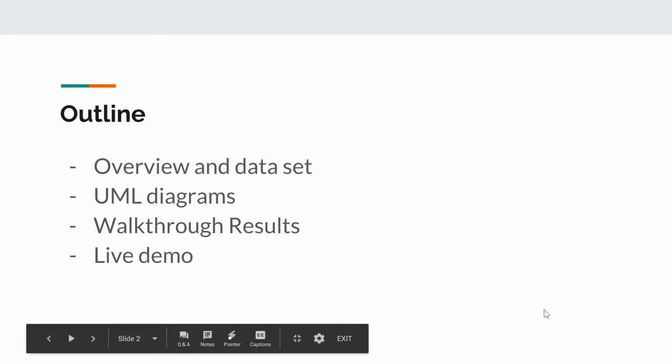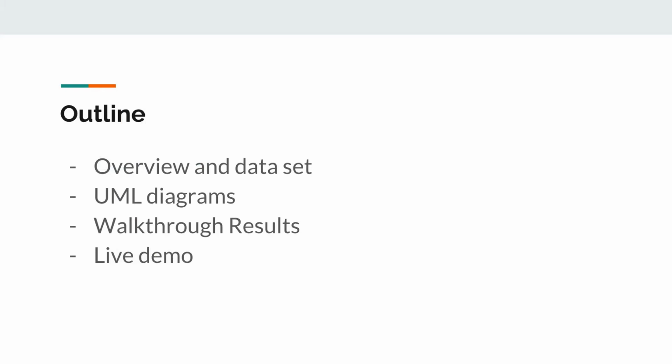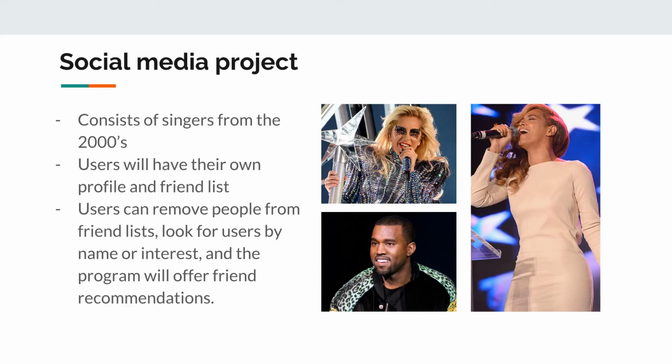In this presentation, we will provide an overview of the project, UML diagrams representing how our data structures interact with each other, results from our walkthrough, and a live demo to demonstrate our program. The program will allow users to create their own profile and to interact with other users.